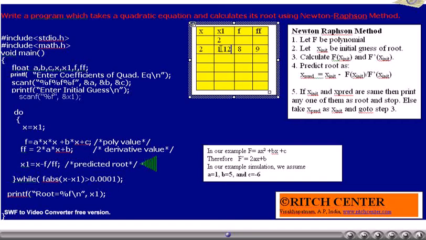The root is predicted and that comes down to 1.12. The while condition is tested. The initial value of the root is 2. The predicted value is 1.12. Are they the same? No. Thus, the loop is going to get iterated once more.